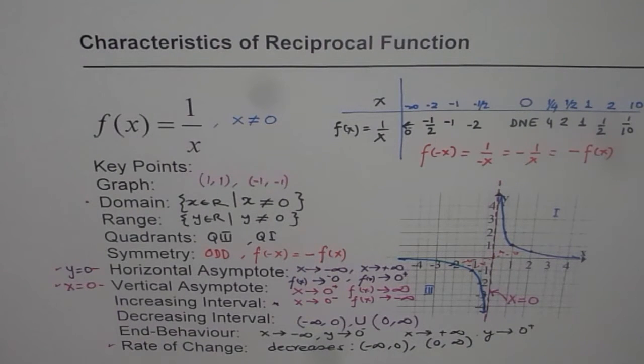These points are similar to the points you have on a linear function. For example, if I say f of x equals x, the similarity is that both have 1, 1 and minus 1, minus 1 on their curve, right? So that is a similarity between a reciprocal and a linear function.